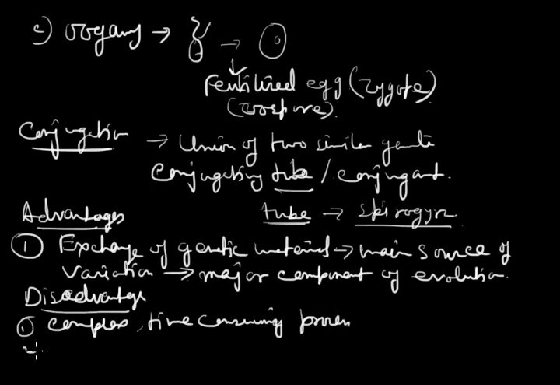And another thing is that the 2 opposite sexes, that is both the sexes, may not be available always. And in addition to that, loss of gametes may occur.